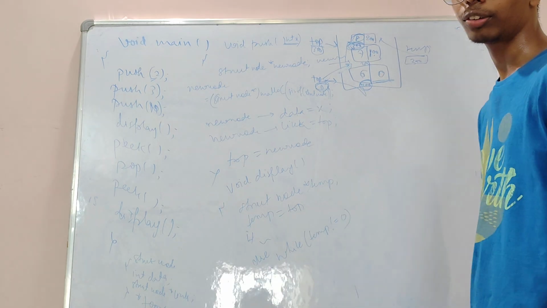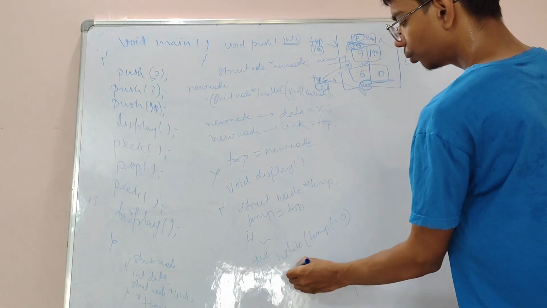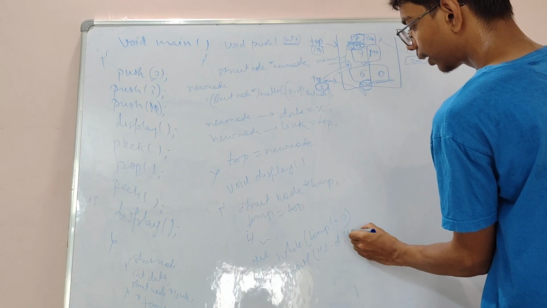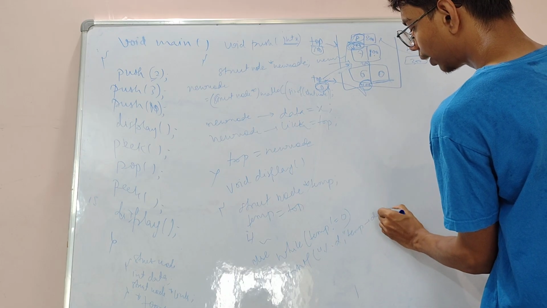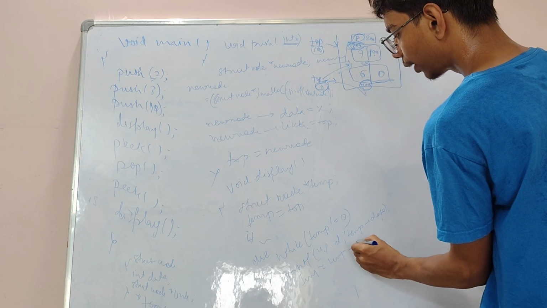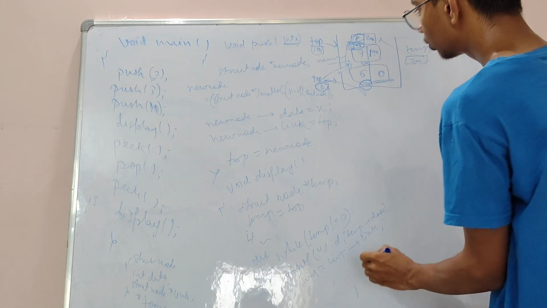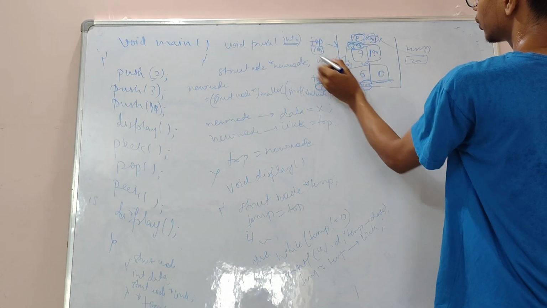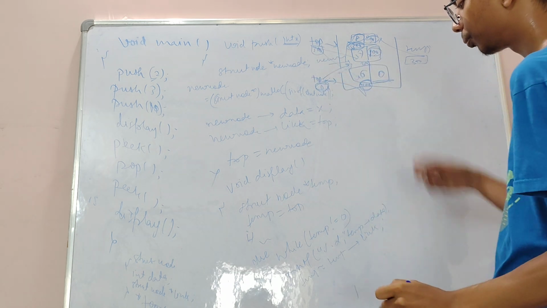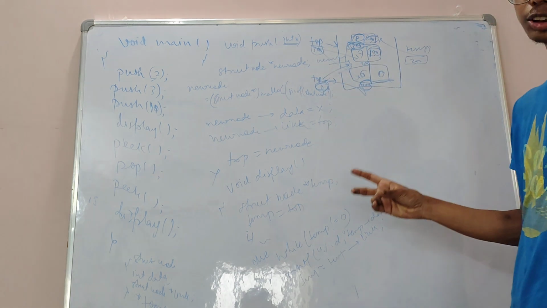So I will go out of the loop. So I will print data accordingly, %d, temp data, and then I will move temp one ahead. So temp is equal to temp link, accessing this part, this will be stored and this will go there, and then I will store this and this will go there. So this was for display.